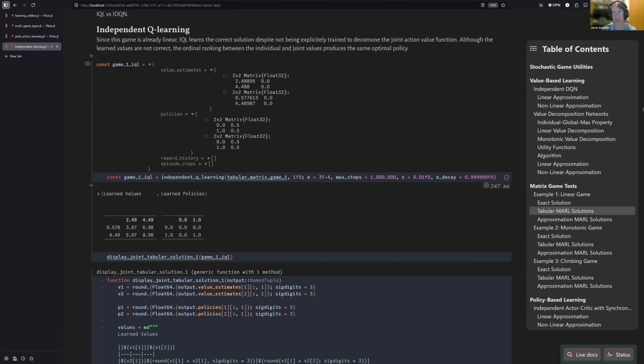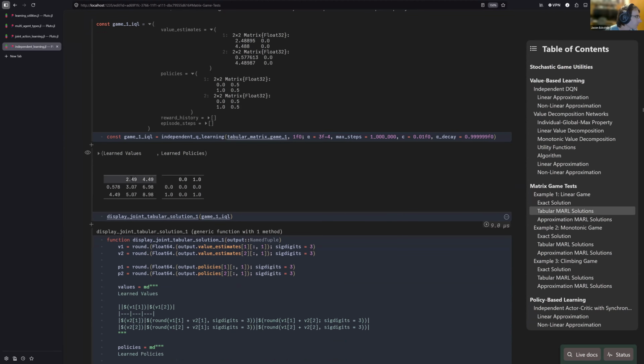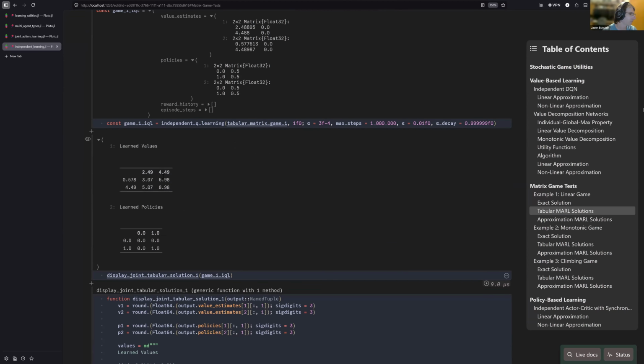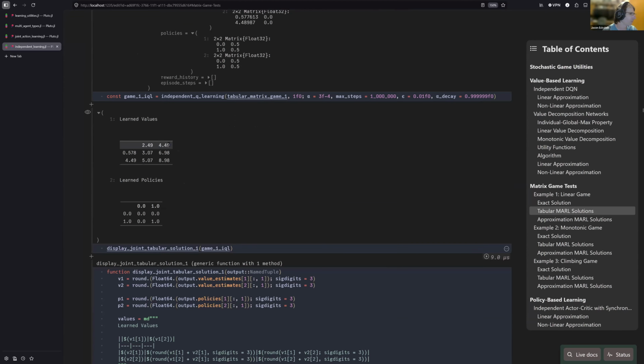It's just learning each agent's actions and rewards independently. But in this case, because of the structure of the matrix game, it is able to learn the values it should learn here, which are 2.5 and 4.5, because if you sum the 2.5, you end up getting 5, and if you sum the 4.5, you get 9.